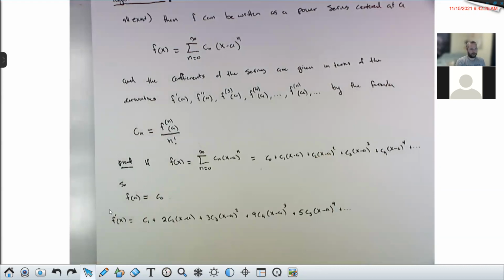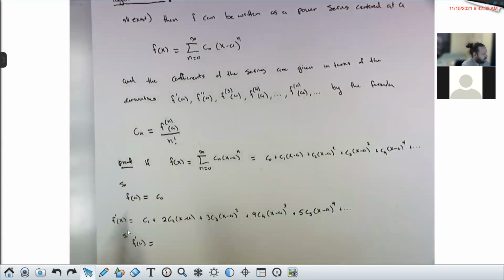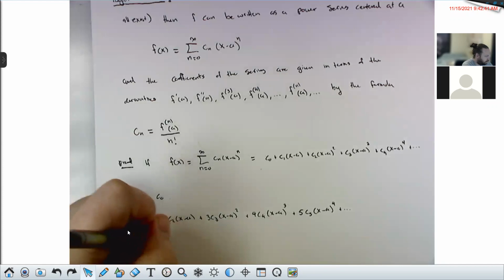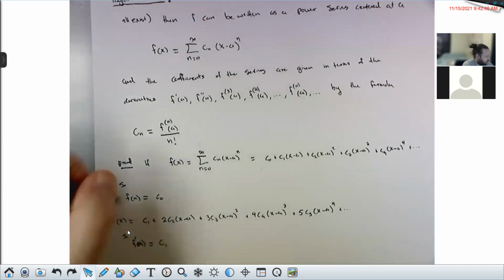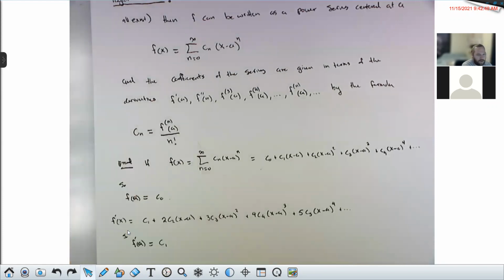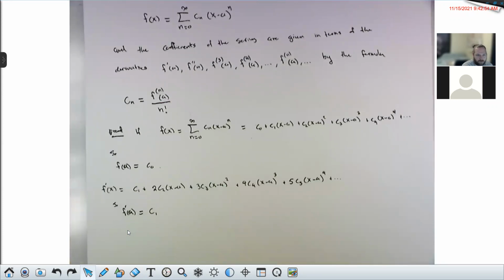If you plug in a for x, on the left-hand side you get f prime of a. And over here, this would be 0, a minus a, this would be 0, a minus a squared, this would be 0, a minus a cubed. So f prime of a is C1. And this is how we cook up this formula in general. You just keep differentiating and then plugging in the center.